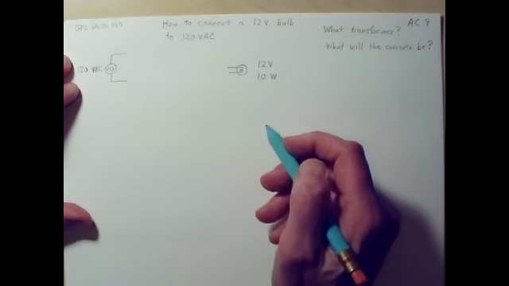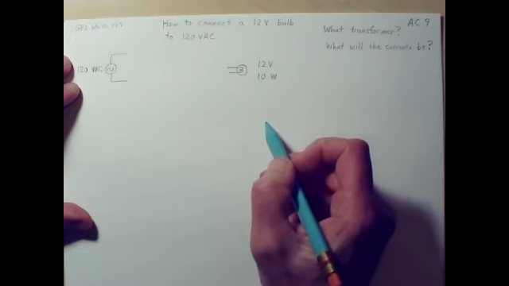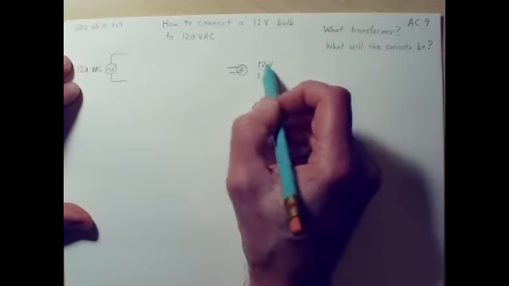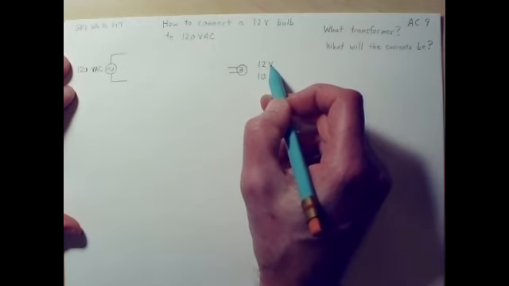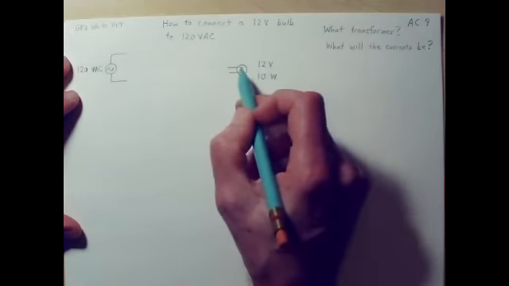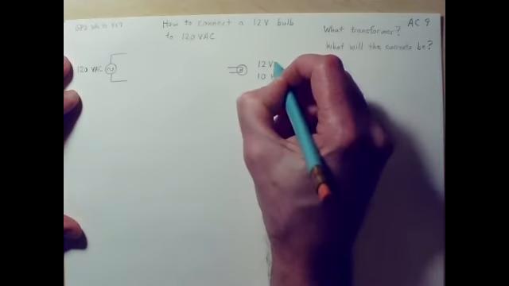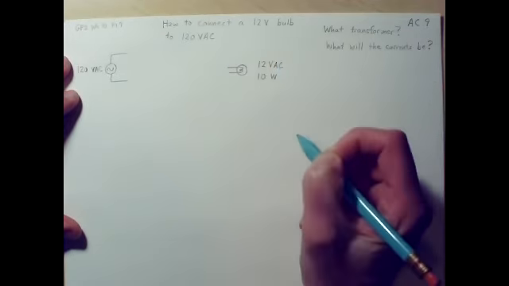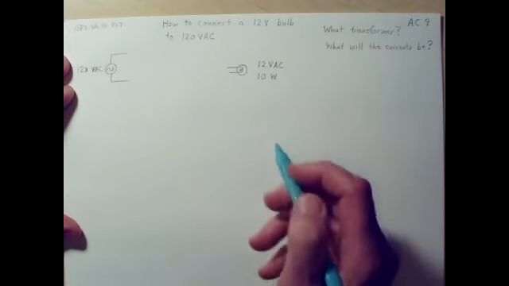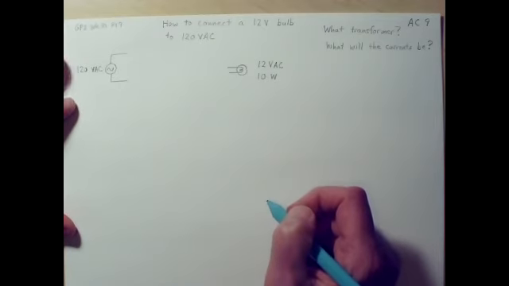Well, that is a question we talked about before, and the answer is 12 volts AC. 12 volts RMS is exactly the right value to get the same power out of this thing as 12 volts DC. So what we want is 12 volts AC here. Even if it's meant for DC, we're going to apply 12 volts AC and it'll work just fine.